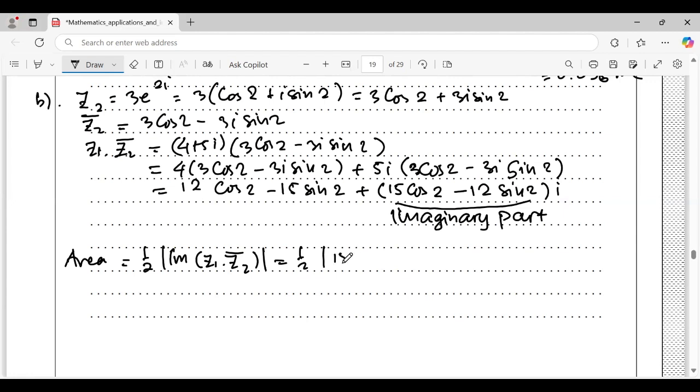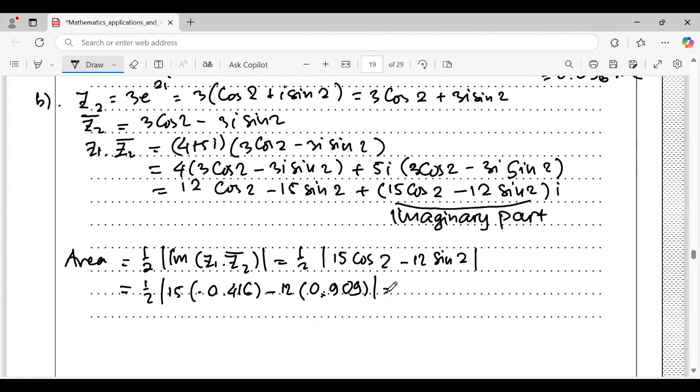So 1/2 times the modulus of 15 cosine 2 minus 12 sine 2, this imaginary part. It is 1/2 times modulus of 15 times minus 0.416 minus 12 times sine 2, which is 0.909. So 1/2 times modulus of minus 17.15, so it becomes positive, because modulus cannot be negative.